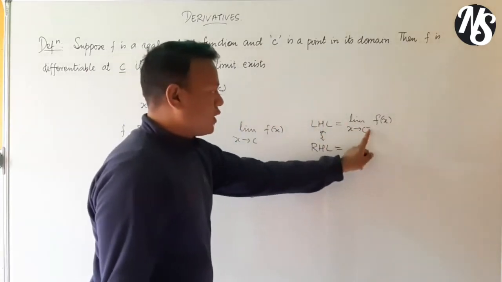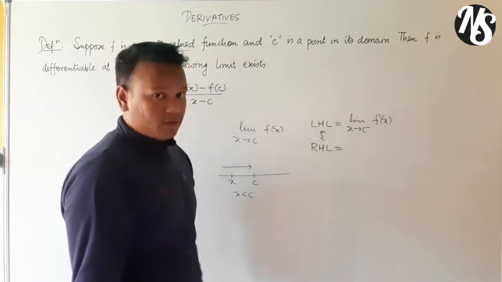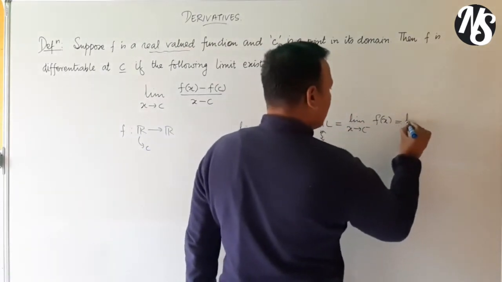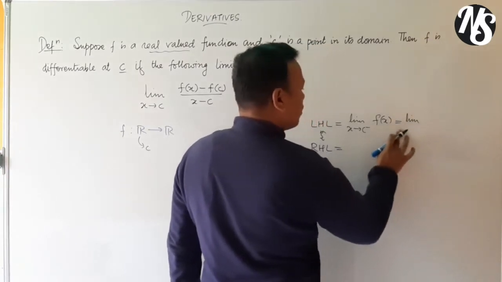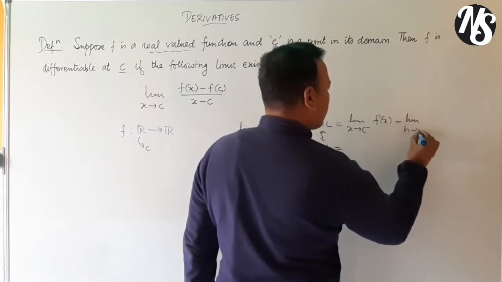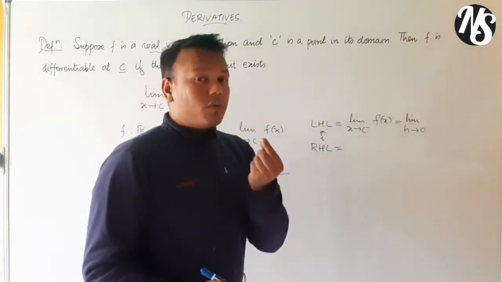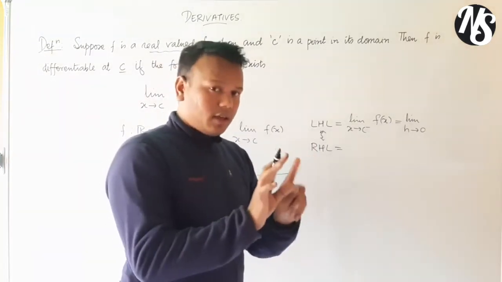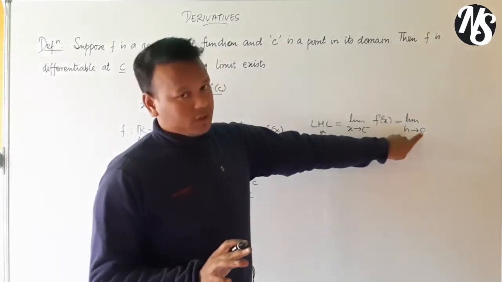Now, if you want to get rid of this negative sign, there's one more method which can be introduced here. Instead of x, you will introduce a very small quantity h. So h is a very small positive quantity, like 0.0001, which is close to 0.